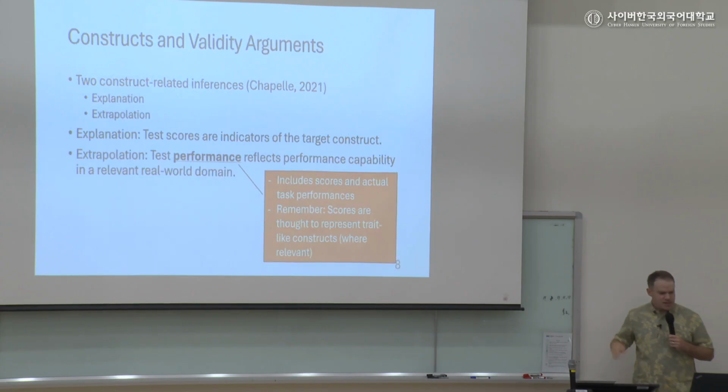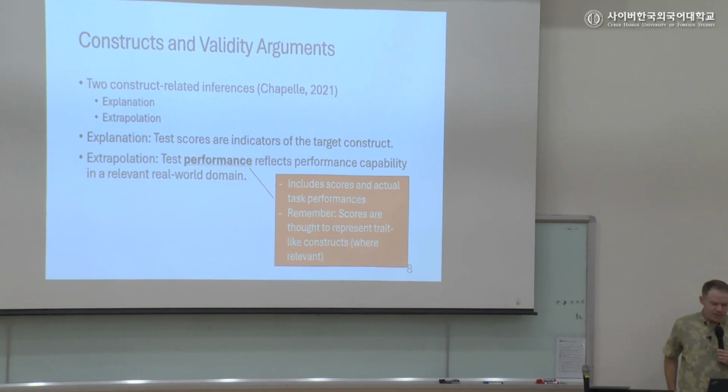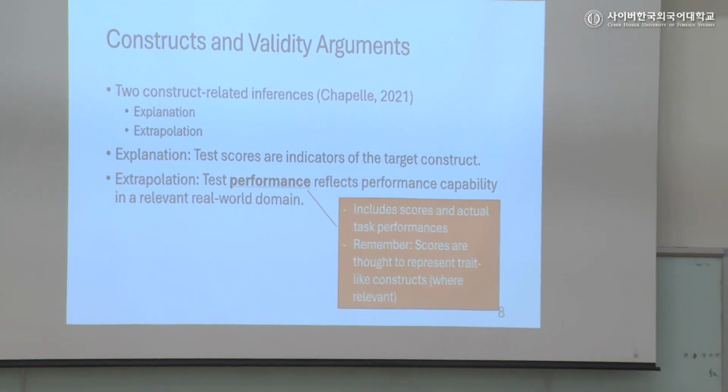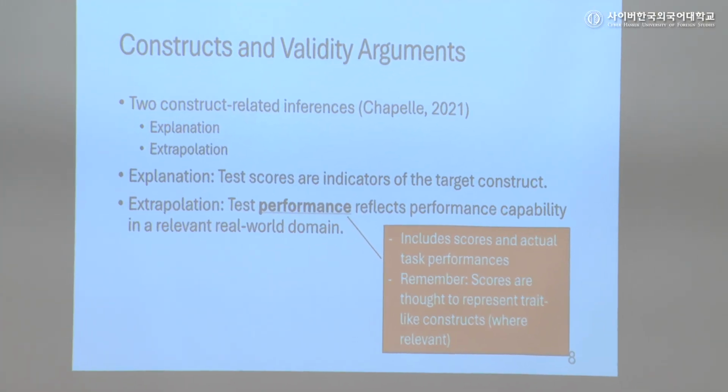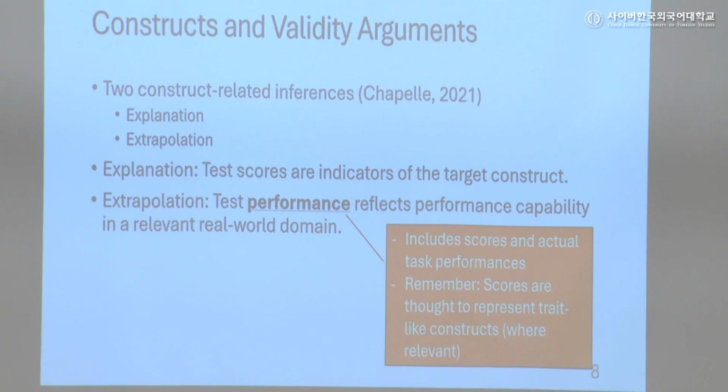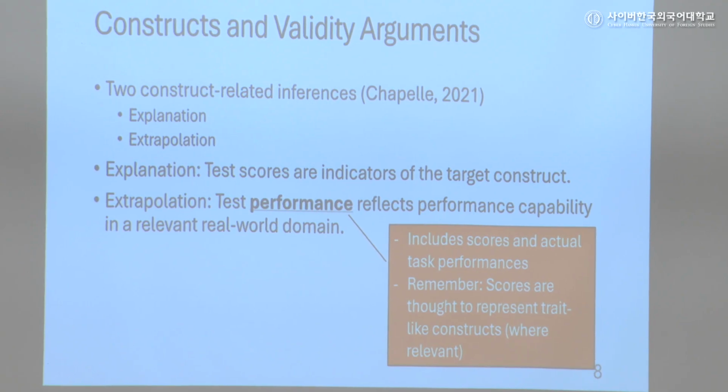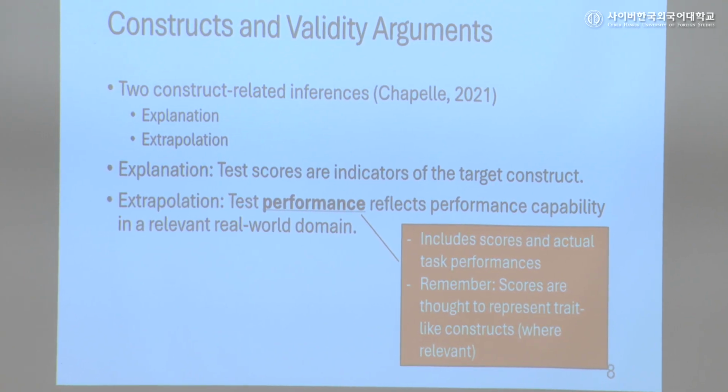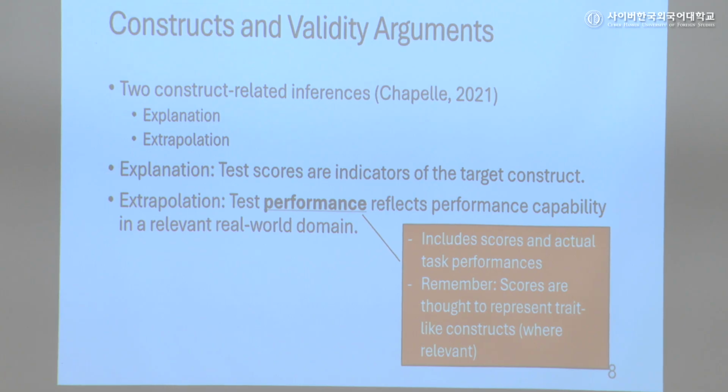Okay. So as I mentioned, it's explanation and extrapolation that have the most to do with test constructs. And explanation, whatever the test is, whatever you might formalize the argument as, the general gist of it is that the test scores are indicators of the target construct, whether it's trait-like or more performance consistency related.